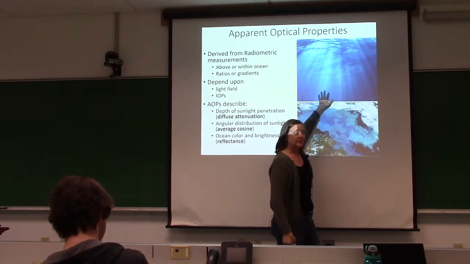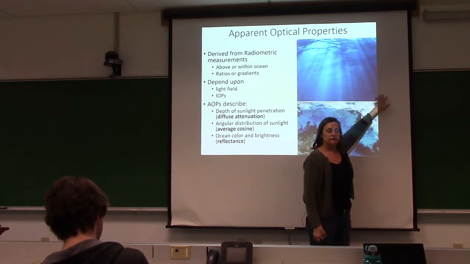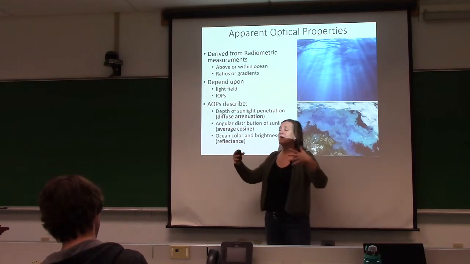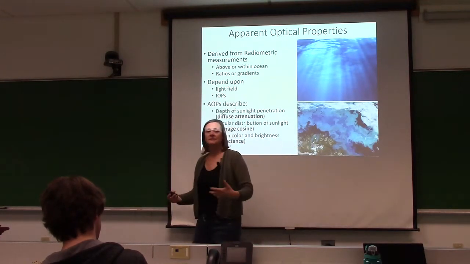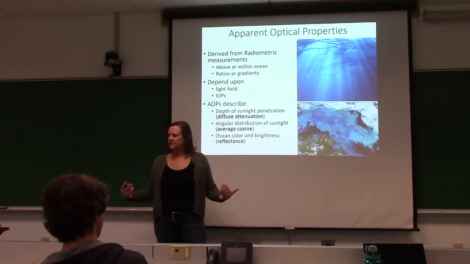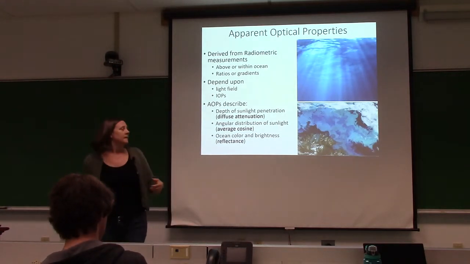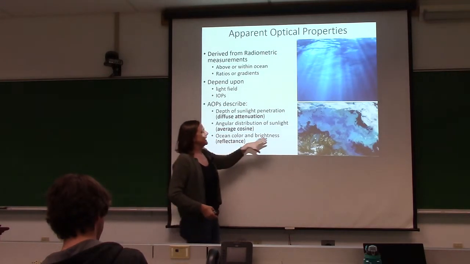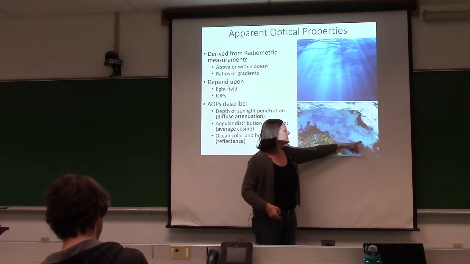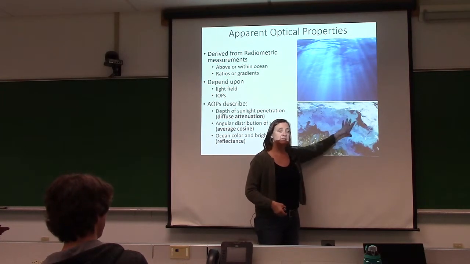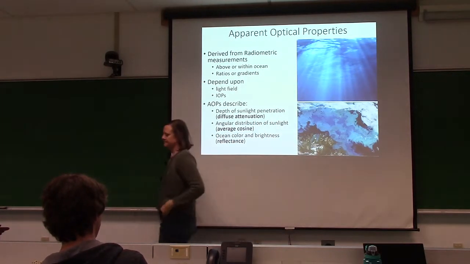So the angular properties have changed. And that tells you something about the scattering, right? So if you could measure how the angular distribution of light changes with depth, you could infer something about the scattering properties of the particles in the water. And then reflectance is one of the surface properties. So you can look at how bright the ocean is or how dark the ocean is and what color it is and have that tell you something about the properties.